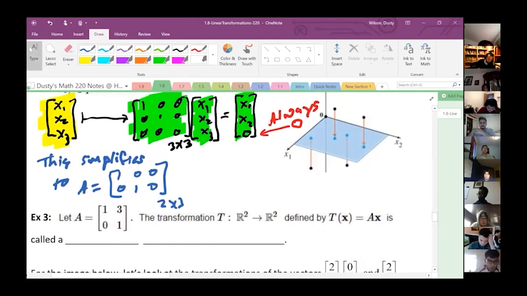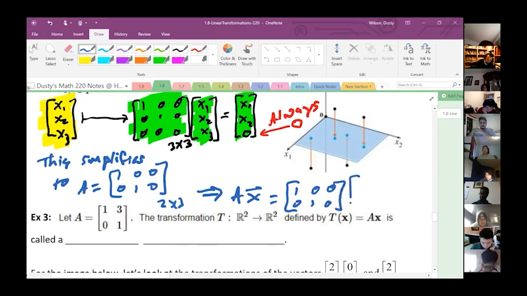So here, what that's telling you is that if you looked at A times X, this would be like 1 0 0 0 1 0 times X, which is X1, X2, X3. And the product here would be just what?